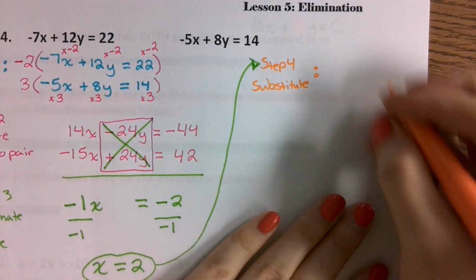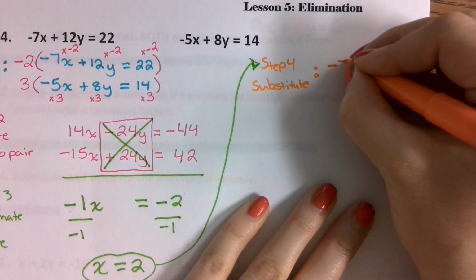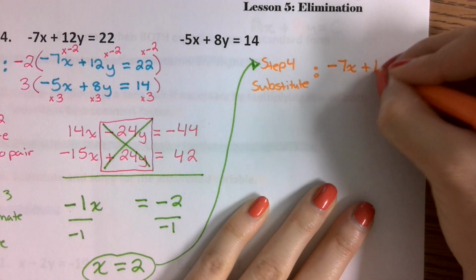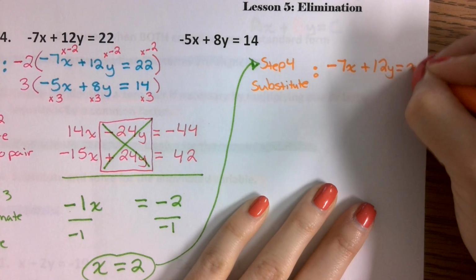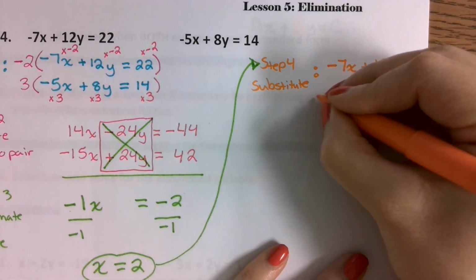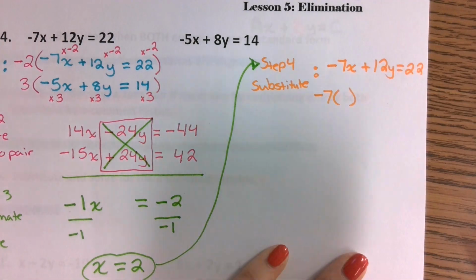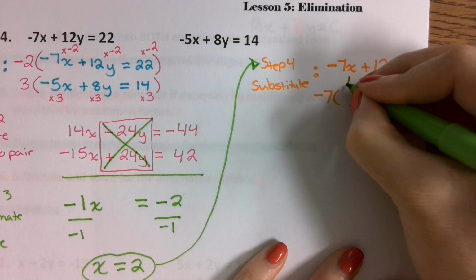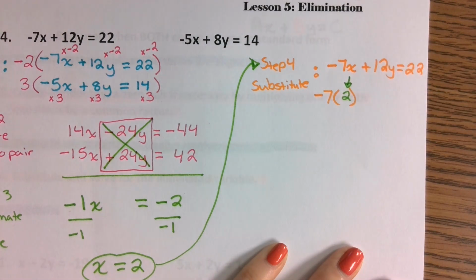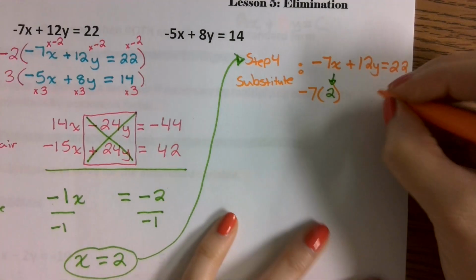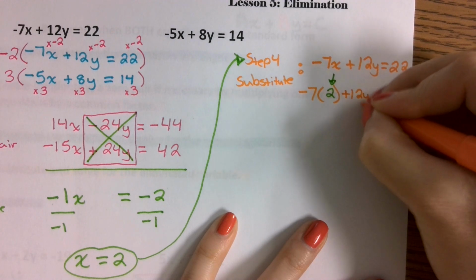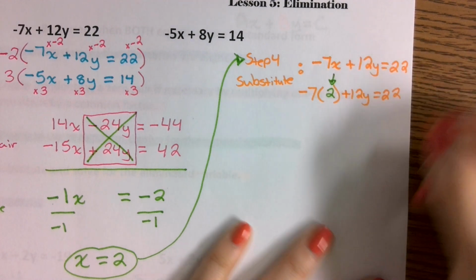I'm going to go ahead and substitute it into the negative 7x plus 12y is equal to 22. So I'm replacing my x. My x is going to be replaced with a value of 2. So it becomes negative 7 times 2 plus 12y is equal to 22.